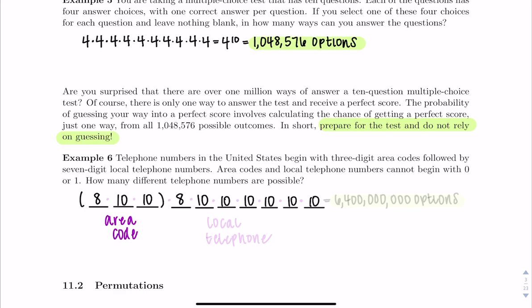And so this is going to be your local telephone number. We just multiply these numbers together. And we end up getting 6,400,000,000 possible phone numbers.